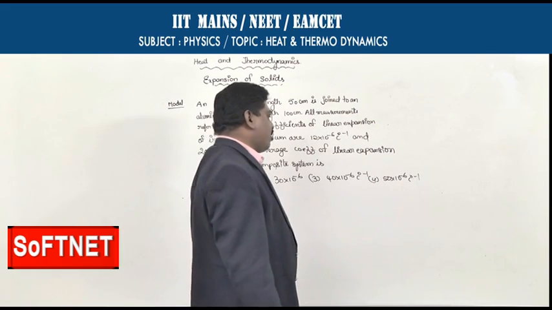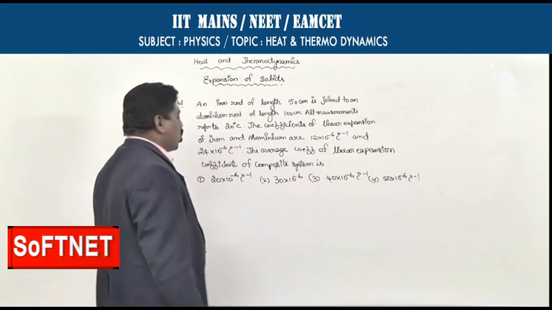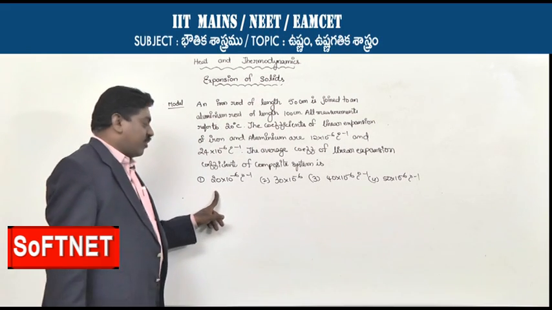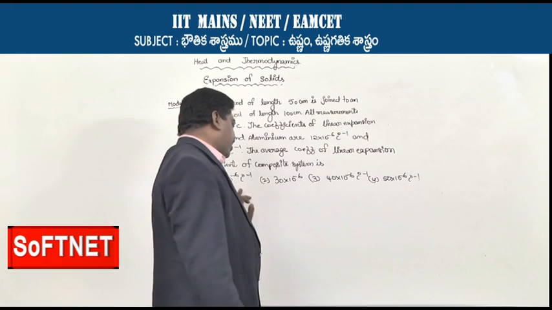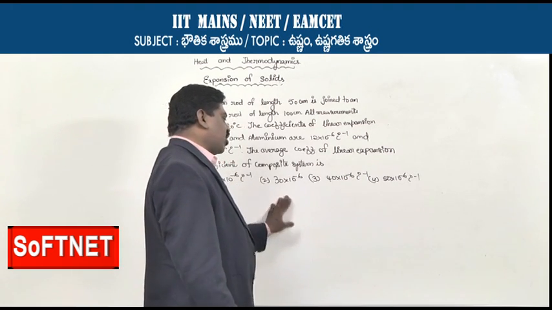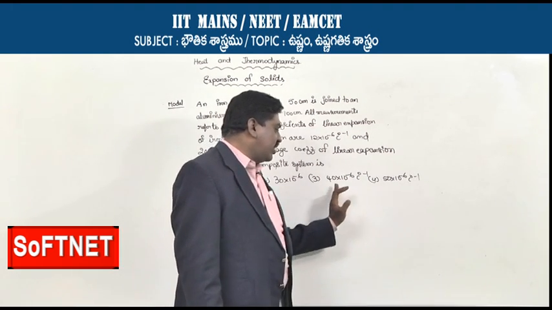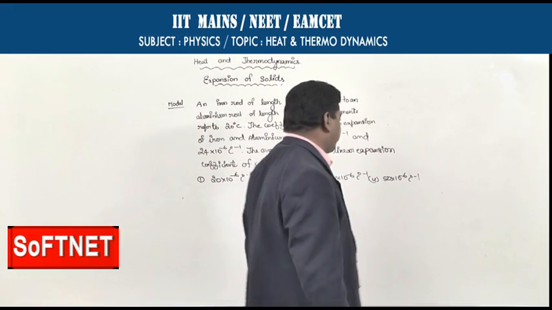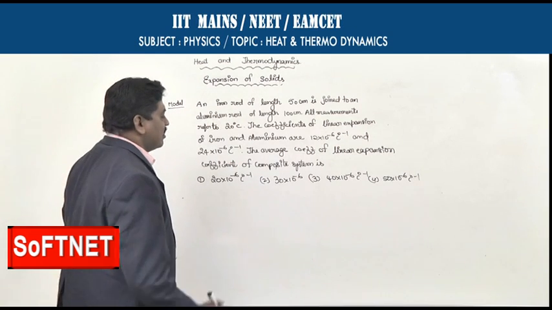The average coefficient of linear expansion of the composite system is: first option 20 into 10 to the power of minus 6 per degree Celsius, second 30 into 10 to the power of minus 6, third 40 into 10 to the power of minus 6, and fourth 50 into 10 to the power of minus 6 per degree Celsius.